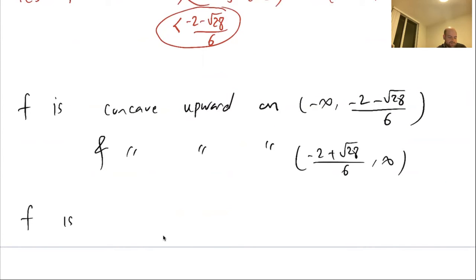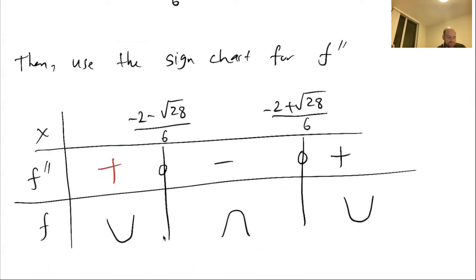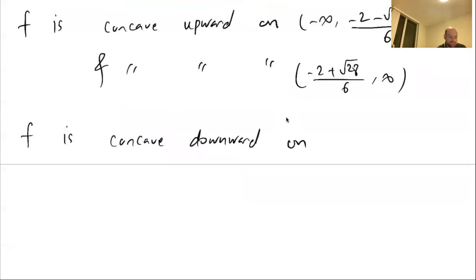And f is concave downward between these two numbers, right? f double prime is negative here, which means between these two numbers, -2 minus root 28 over 6 and -2 plus root 28 over 6.